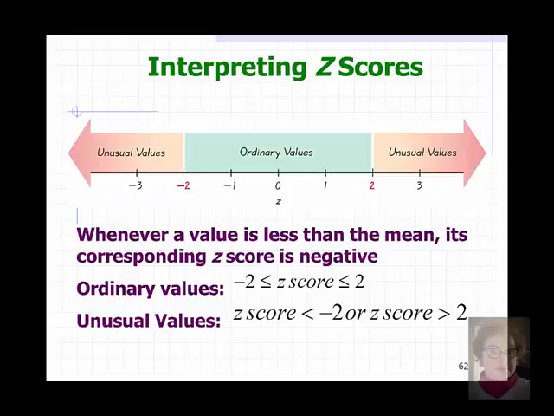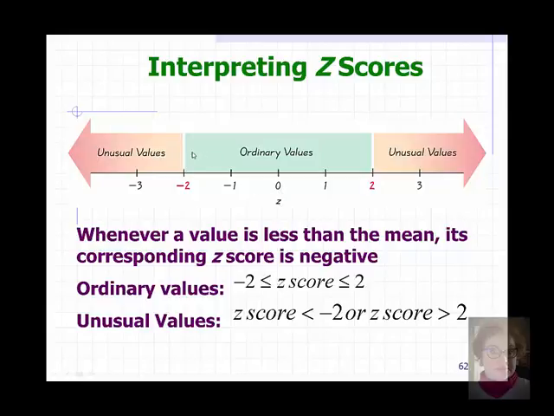Now, we talked last time about usual or ordinary values and unusual values. And we said they were unusual if they were 2 or more standard deviation units above the mean. And so when we standardize this is exactly what we're doing. We're talking about the distance that a score falls from the mean.